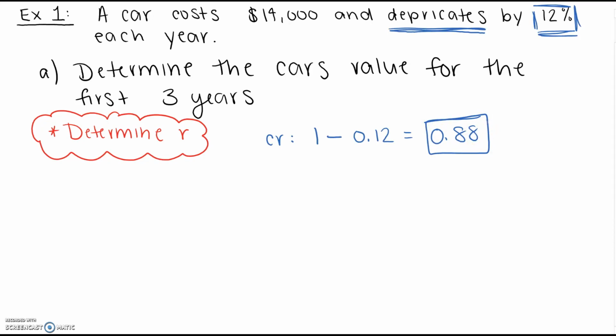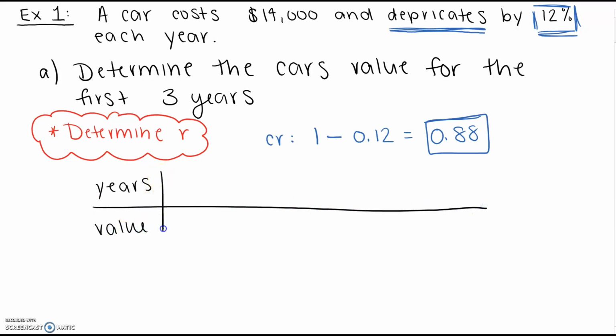So now we could make a table to figure this out. We have years, we have the value. We know that the car costs $14,000, so right when we get it, the value is 14,000. And then what is it going to be after 1 year? After 2 years? After 3 years?